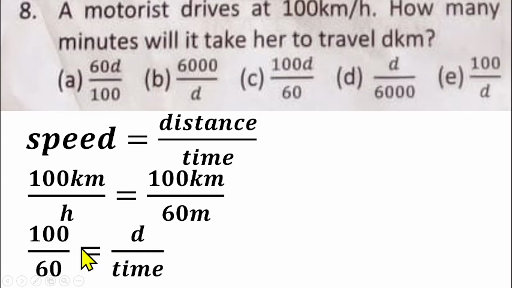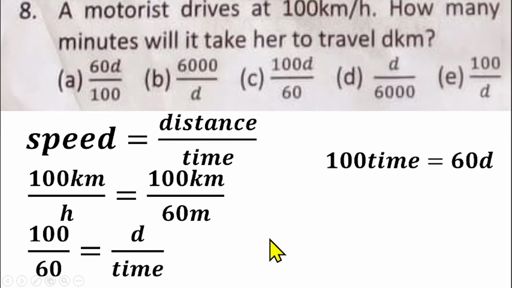Then our speed is going to be 100 over 60, equals the distance, which is d, in kilometers, over the time. If you simplify further, we can cross multiply. d multiplied by 60 gives us 60d, and time multiplied by 100.